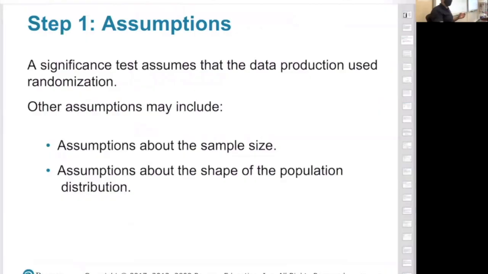So for any test, you have to make sure that the sample size is large, especially if you are dealing with the population average or the population proportion. Why?